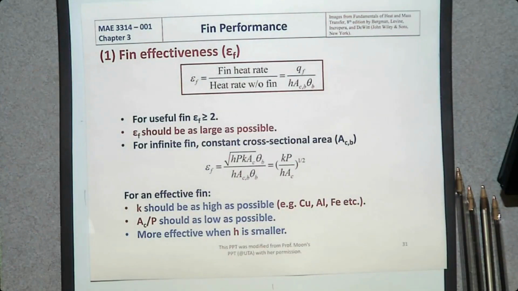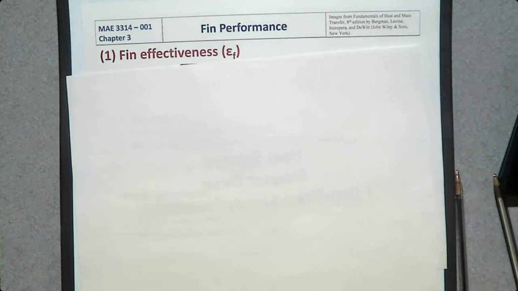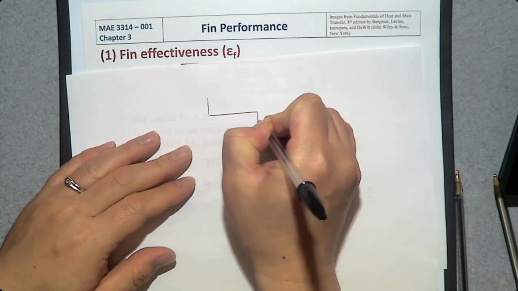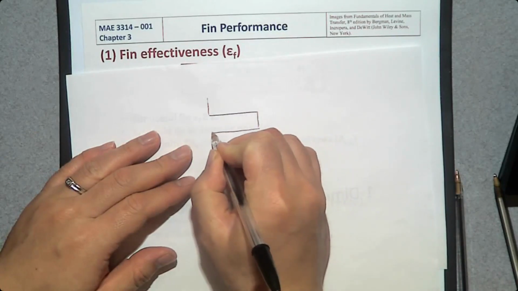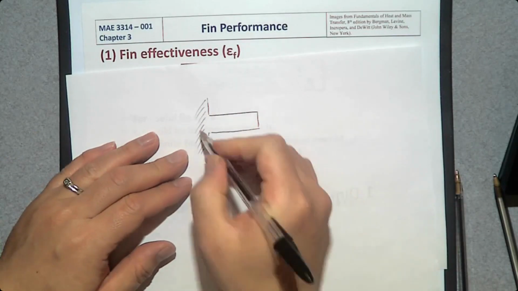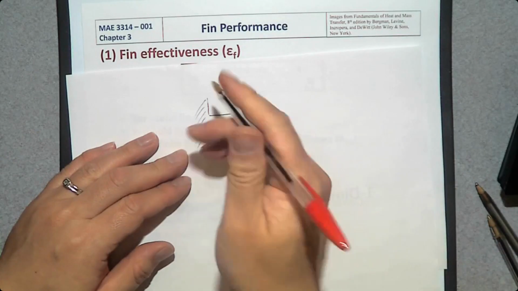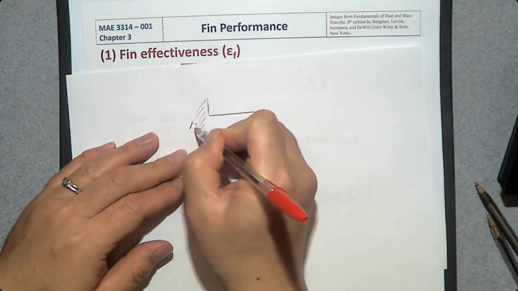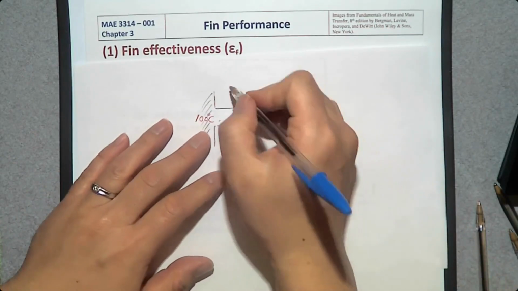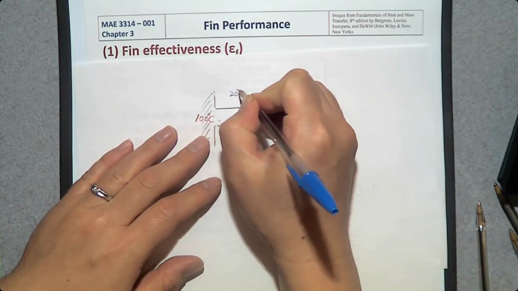The easiest way to understand the difference between fin efficiency and fin effectiveness is when you design a fin like this, and let's say the base is going to be at high temperature, 100 degrees Celsius, and the surrounding fluid is at low temperature, 20 degrees Celsius.